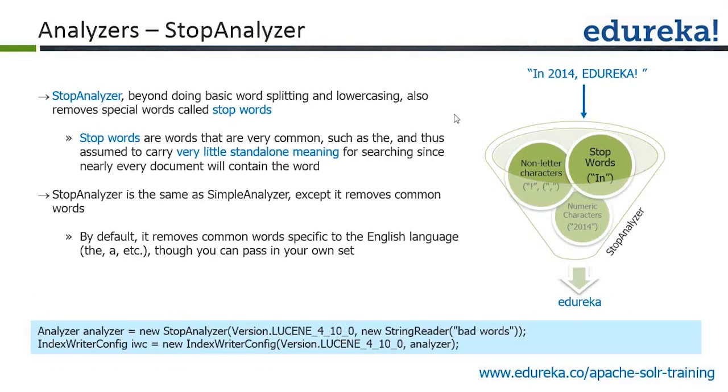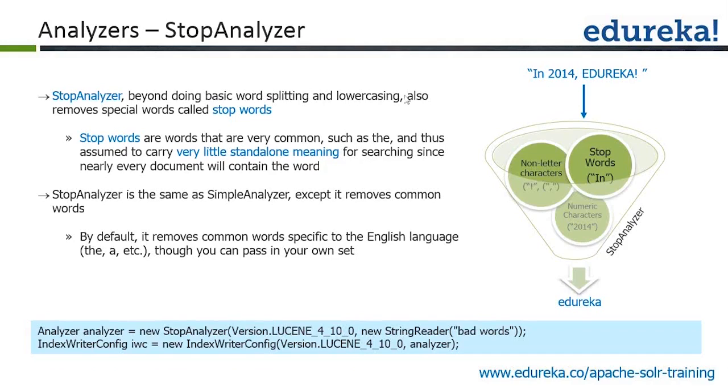Fine. So this is again a variation of the standard analyzer. For example, yesterday we spoke about how in some places you may want a little bit more control over the words. The standard analyzer restricts all the standard stop words, but it may not allow you to override with your own bad words or anything of that sort.